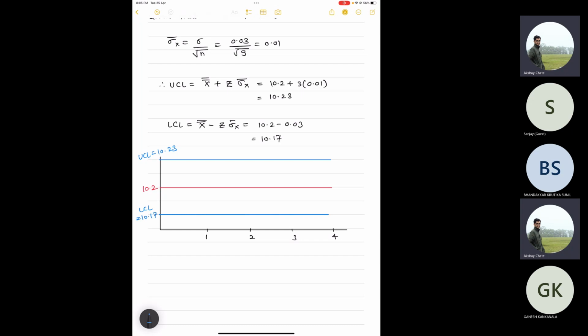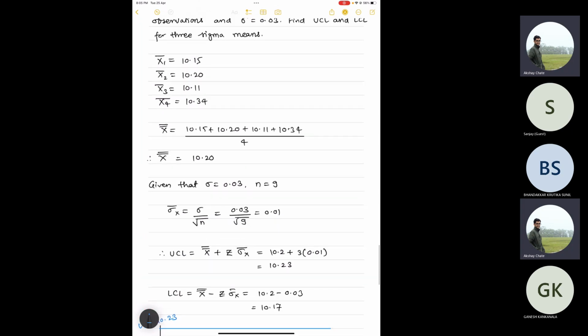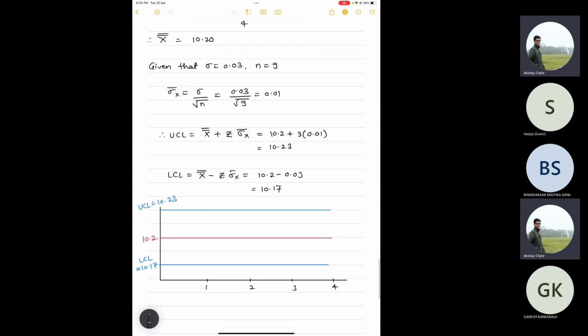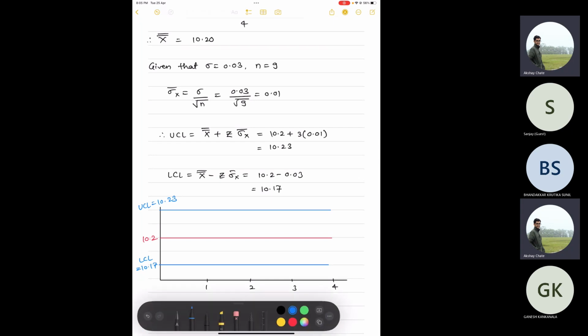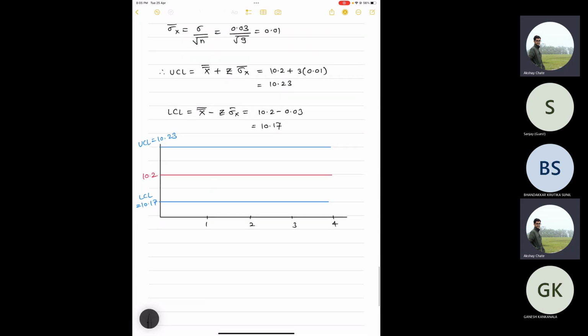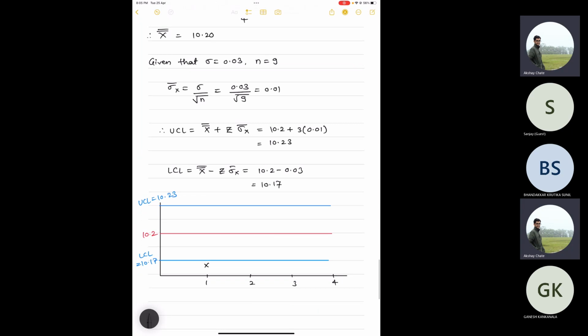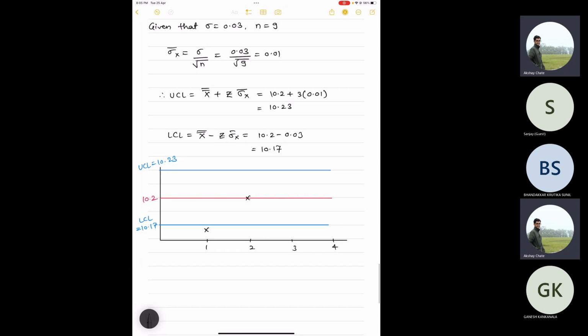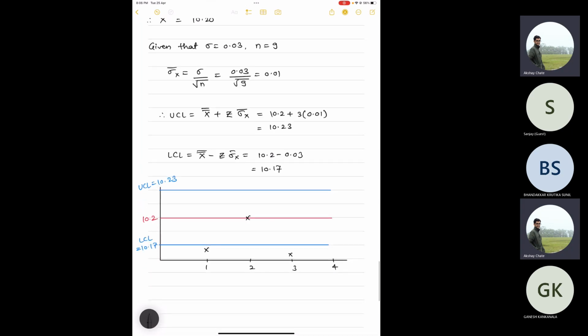And now you can plot your x1 bar, x2 bar, x3 bar here. So one is 10.15. I'll use, let's say, black color only. So first x1 bar is 10.15, which is lower than LCL. Then the second point is 10.2, which is exactly at the mean. Then you have 10.11, which is again below, like the first point. And then there will be the fourth point, which is 10.34. So this is out of the upper limit.